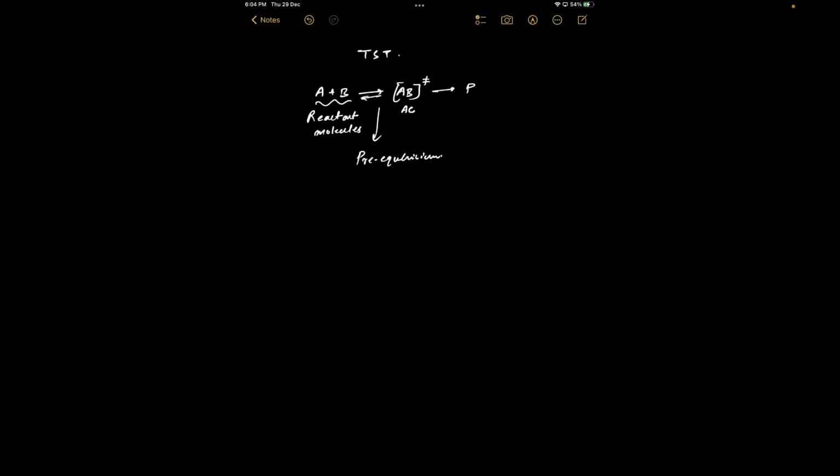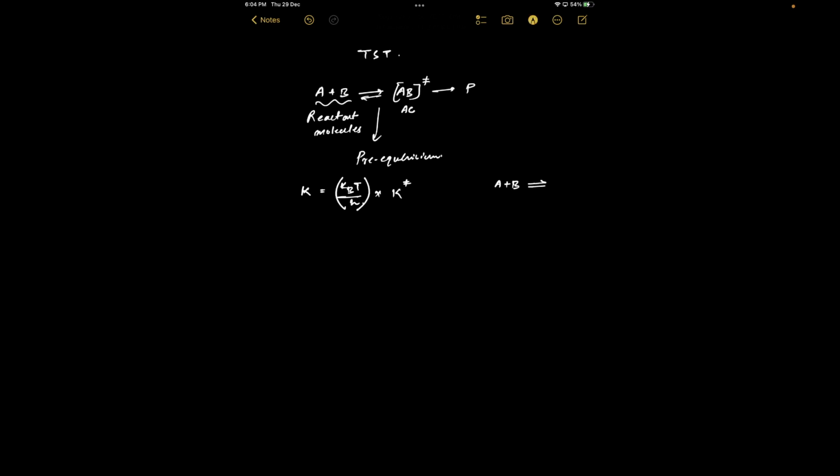Now the rate constant K for this chemical reaction according to transition state theory will be k_B T divided by h times K double dagger. What is K double dagger? K double dagger is the equilibrium constant between the activated complex and the reactant molecules.